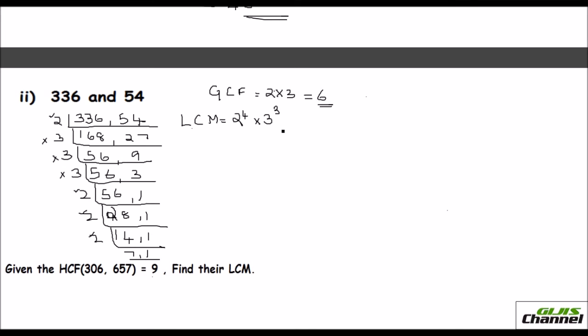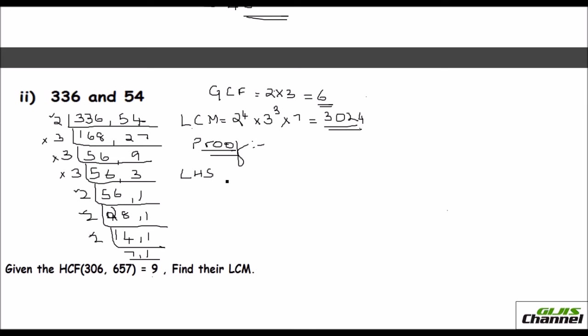And then you have a 7, times 7. So the LCM is equal to 3024. Now I have the LCM and GCF. Now take the left hand side first, so I take the LHS first.